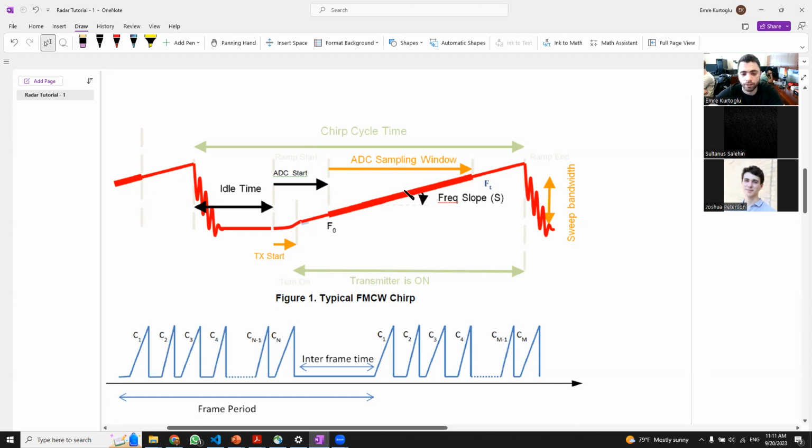In our processing, we also call them fast time samples because they are all in the same chirp. This chirp cycle time is basically your ADC ramp up and ramp down time. It's the whole duration from chirp to chirp. And yeah, this is basically it.